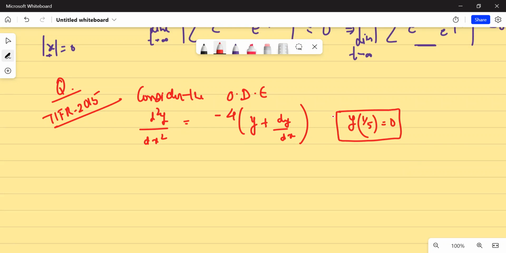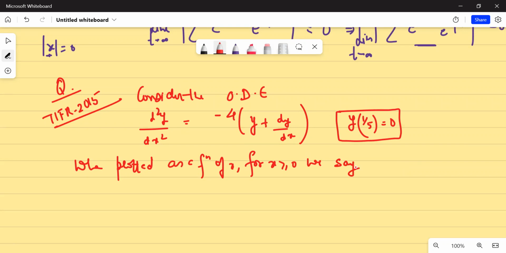It says that when plotted as a function of x for all x greater than 0, we say with certainty. So I'm writing the exact language of TIFR. This is how they write the question.